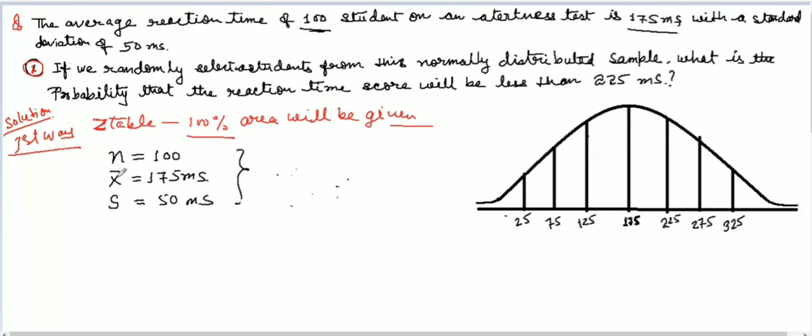Now we have this information here. Now we need to find a z-score. The z-score formula is x minus x bar over the sample standard deviation.